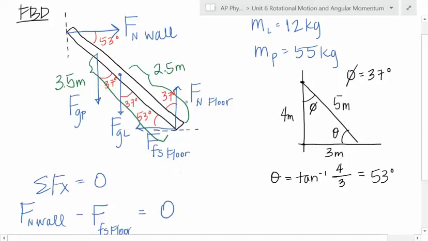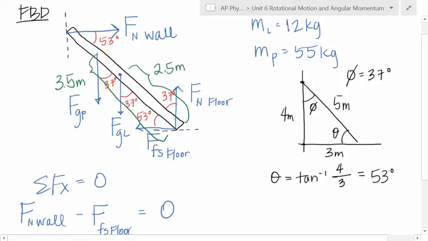Now I want to pick a pivot point, a place where the net force or the net torque would be summed about. All right, so now let's sum the torque. And I'm going to pick a place that is convenient. This is important because this isn't necessarily intuitive.